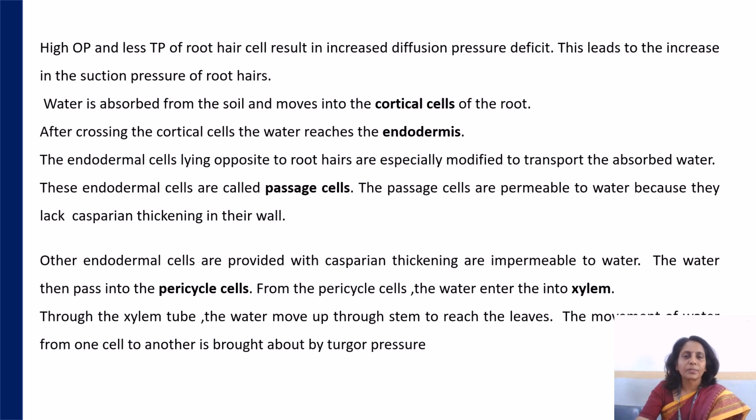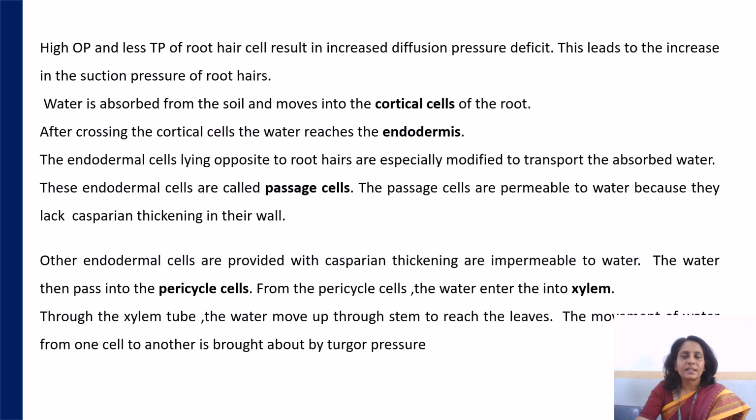Water absorbed from the soil moves through the cortical cells of the root, and after crossing the cortical cells, it reaches the endodermis. The endodermal cells lying opposite to root hairs are specially modified to transport the absorbed water, and such endodermal cells are called passage cells.